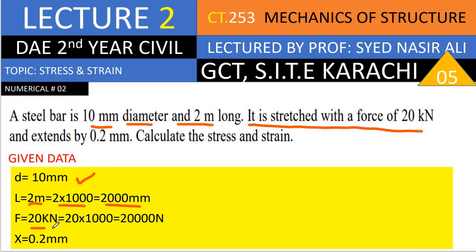Force is 20 kilonewton. We are converting this into Newton only. K for 1000, so replace K with 1000 multiplying by 20, and we are getting 20,000 Newton force, and extends by 0.2 mm. The stretch is 0.2 mm, so calculate stress and strain.